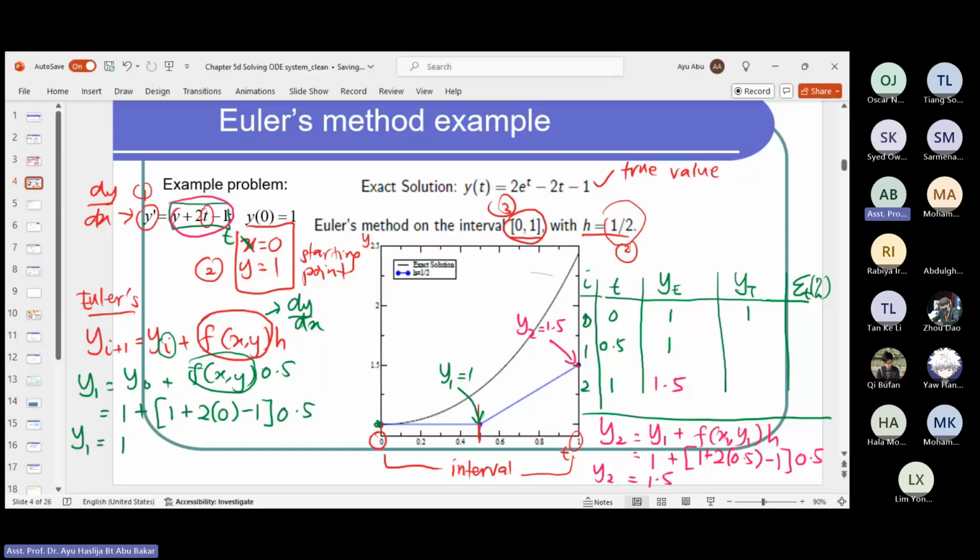Try to calculate the true value y_t when t is 0.5, using this equation.